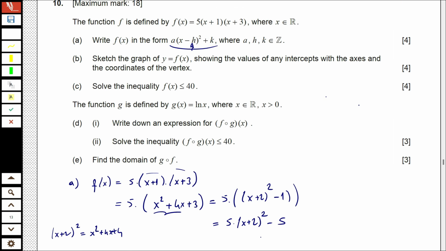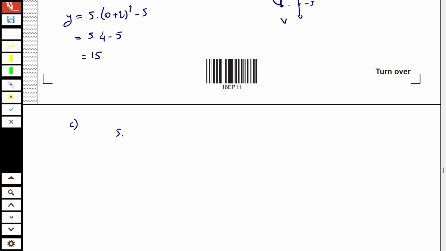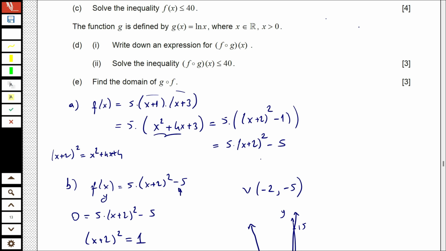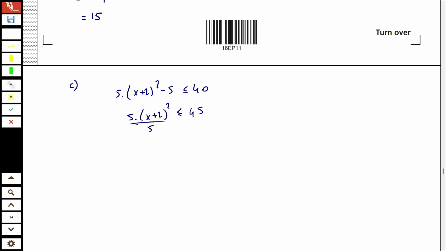Question C is asking for this inequality. I know that f of x, which is 5 times (x plus 2) squared minus 5, is going to be less than or equal to 40. So you can add 5 to both sides. It's going to be 5 times (x plus 2) squared less than or equal to 45. And now divide both sides by 5, and (x plus 2) squared is less than or equal to 9.